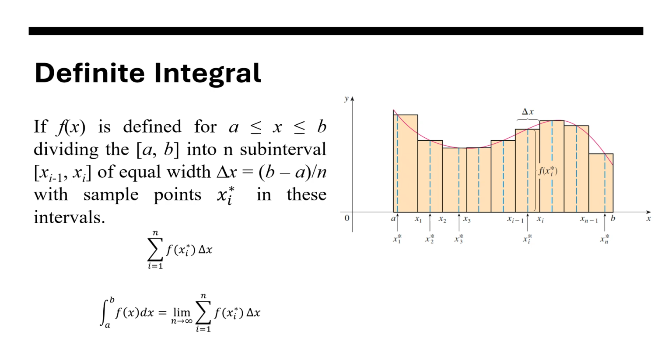In the special case where f of x is positive, meaning greater than 0, the Riemann sum can be interpreted as the sum of the areas of approximating rectangles.